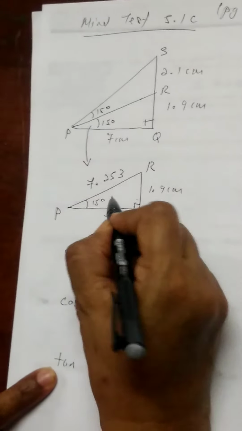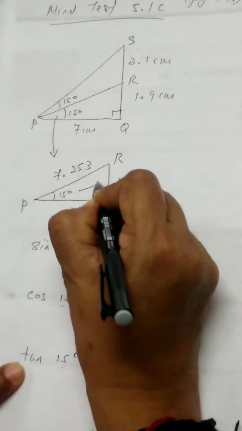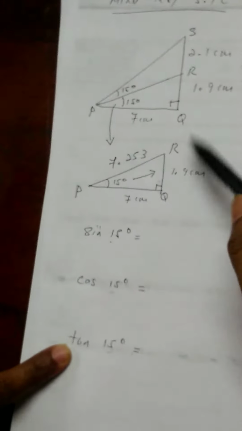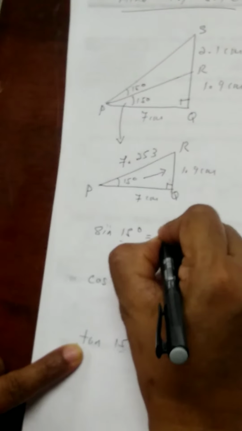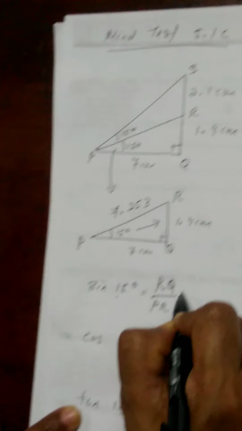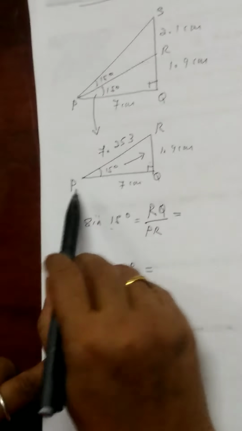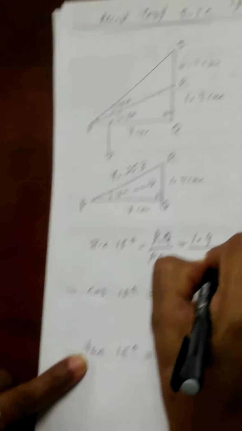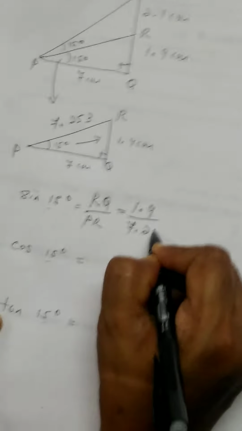Okay, so that means now if I'm going to use sine, sine is actually opposite. So which is my opposite? We draw an arrow out here. So the opposite becomes this, RQ over your hypotenuse, which is PR. Okay, so RQ is this. This is 1.9 over your hypotenuse, 7.253.